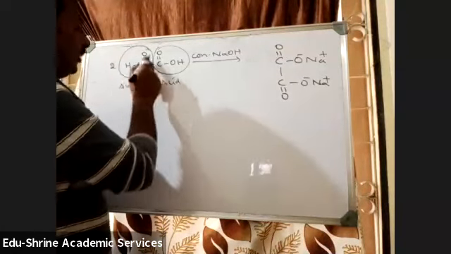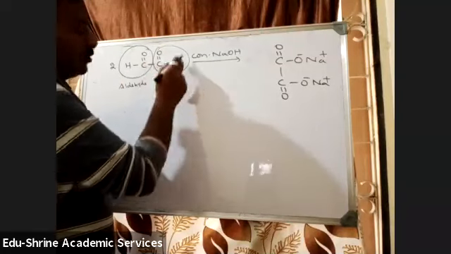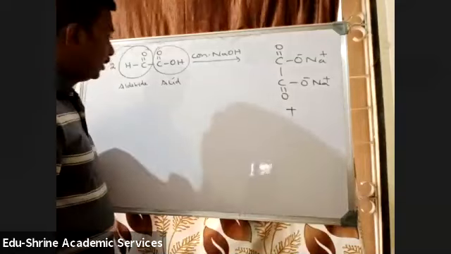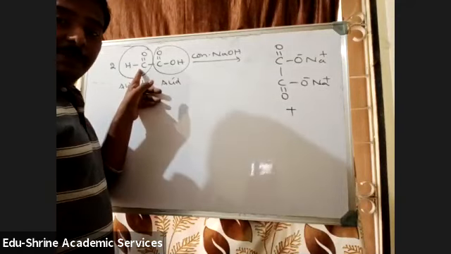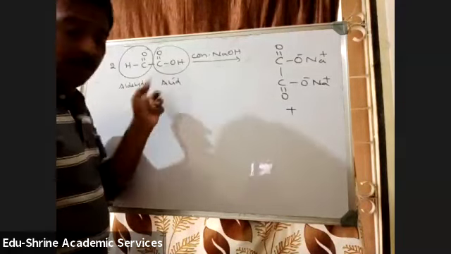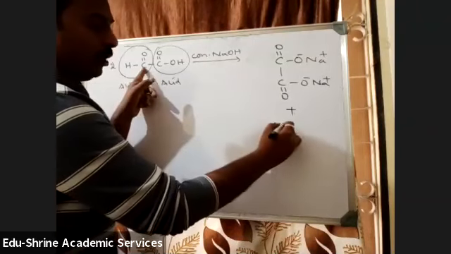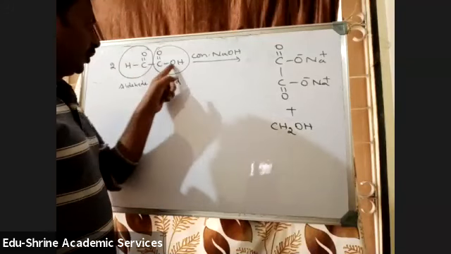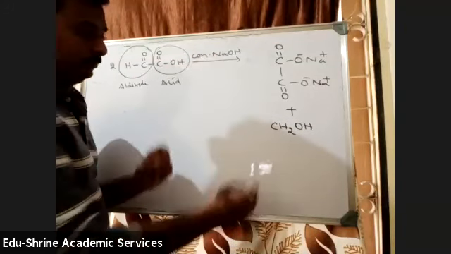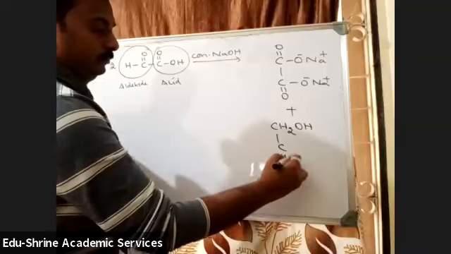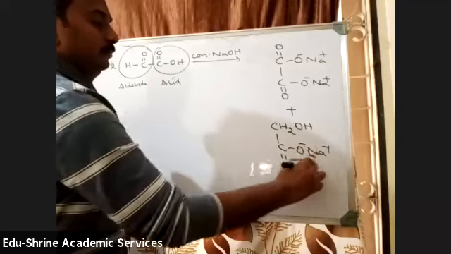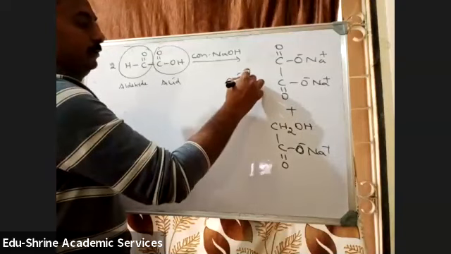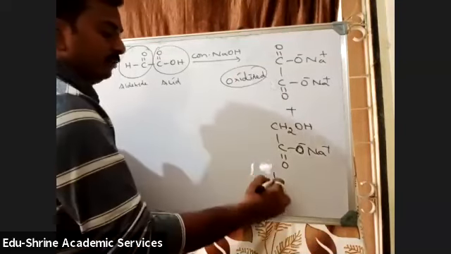This part is oxidized to the salt, and that part simply reacted to form the salt. The other product of the aldehyde must be the reduced product, so this must be reduced to alcohol, CH2OH. This is the oxidized product and this is the reduced one.